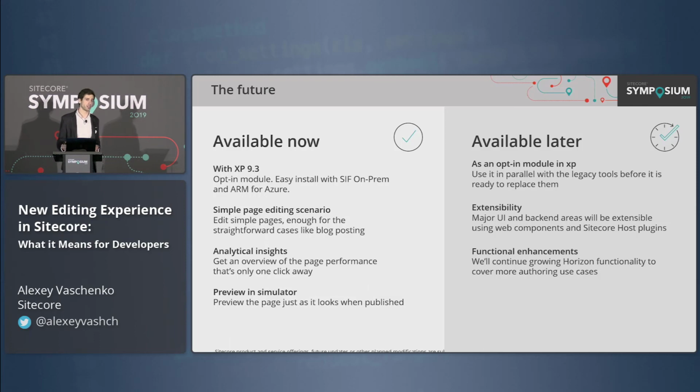And of course, fundamental enhancements for Horizon. We always work with our customers, and we are looking forward to improving the user experience and making this new editing experience better. So we are looking into adding more features, and this is what is planned for the future release.